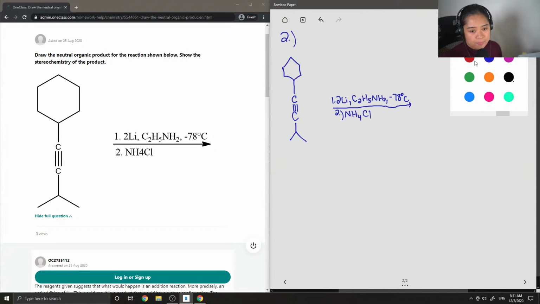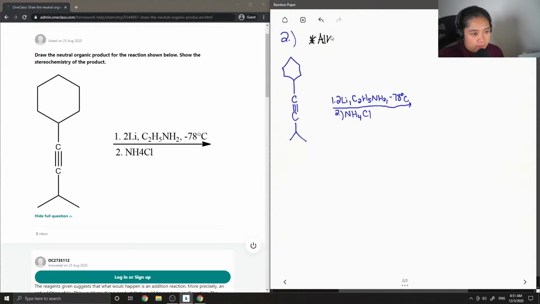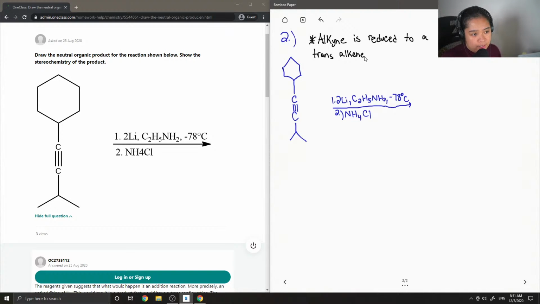Okay, so what happens during this reaction is that our alkyne is reduced to a trans alkene. So when we have a trans alkene, this is when our substituents are on opposite sides of a double bond.